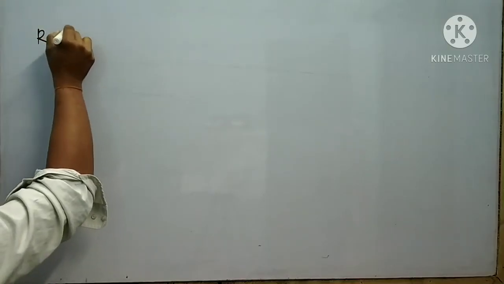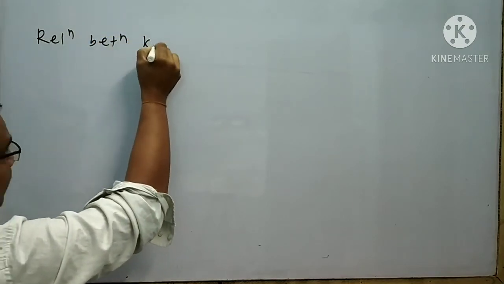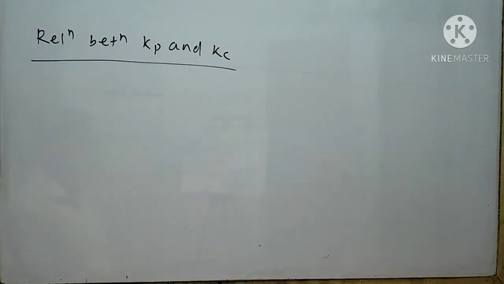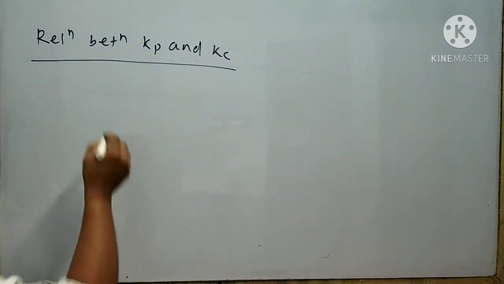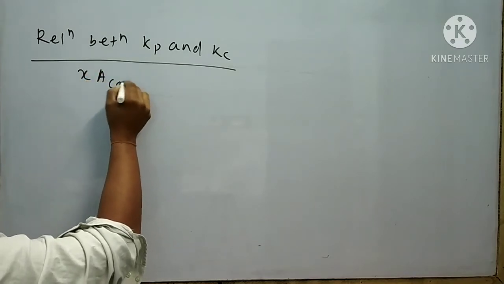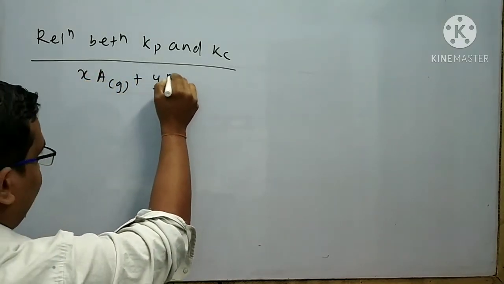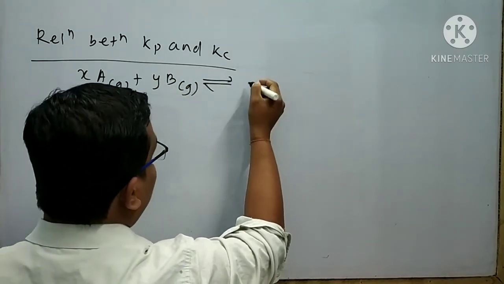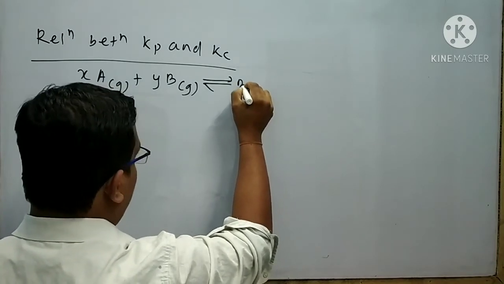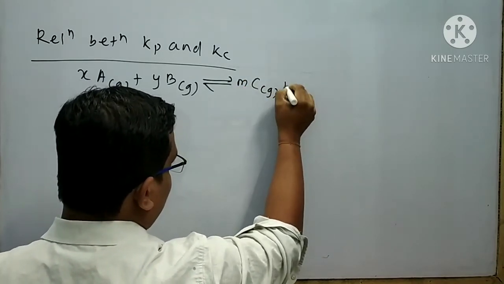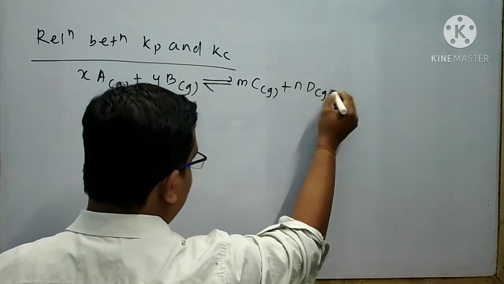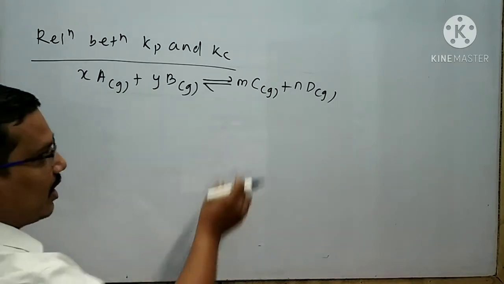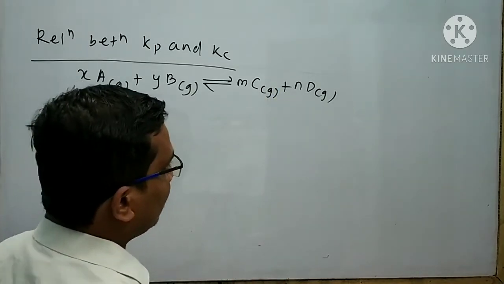Next I want to explain about the relation between Kp and Kc. Suppose I want to take a gaseous reversible reaction: XA gas plus YB gas gives MC gas plus ND gas.